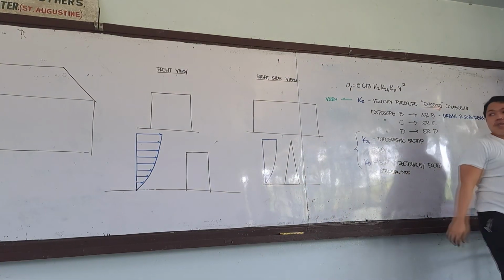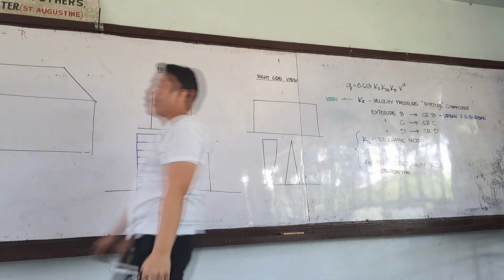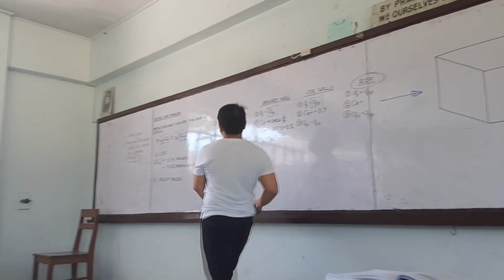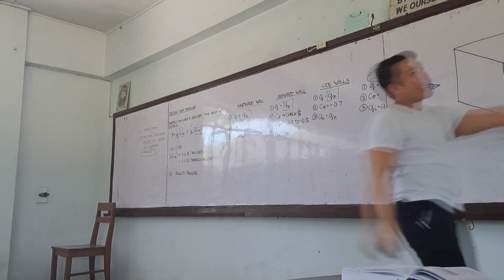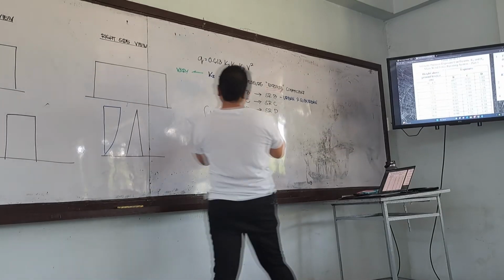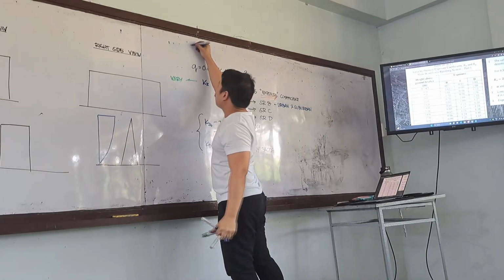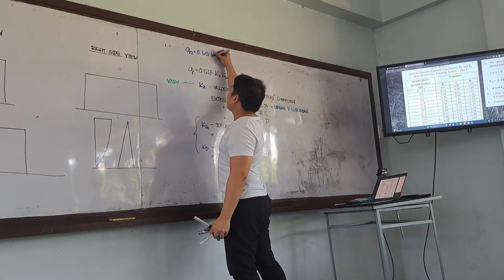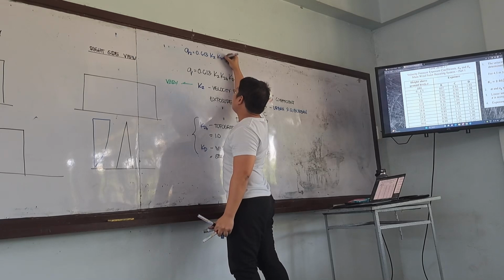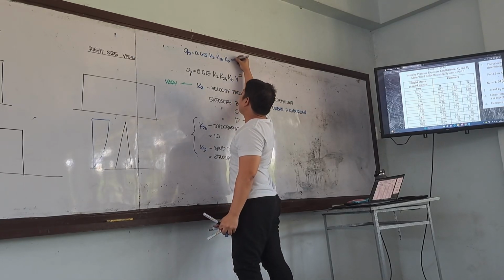So what is the difference between our Kz and qh? What are Kz and qh? We can compute qz from our q. In order for you to solve for your qz, it is 0.613 Kz Kzt Kd V squared.